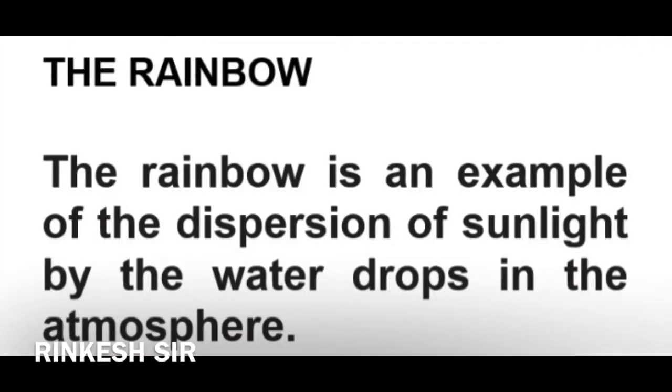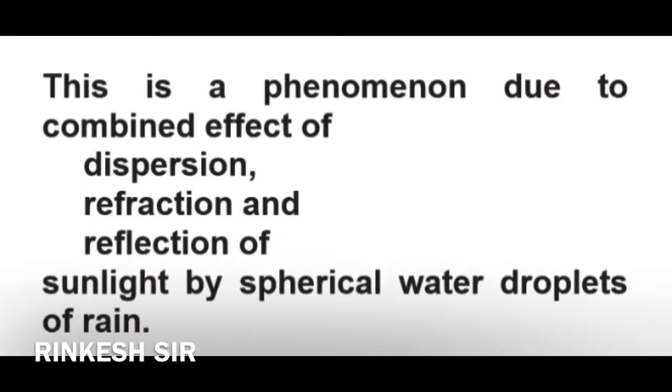The rainbow is an example of dispersion of sunlight by water drops in the atmosphere. You know that rainbows are seen after rain. So this is seen due to the water droplets in the atmosphere.